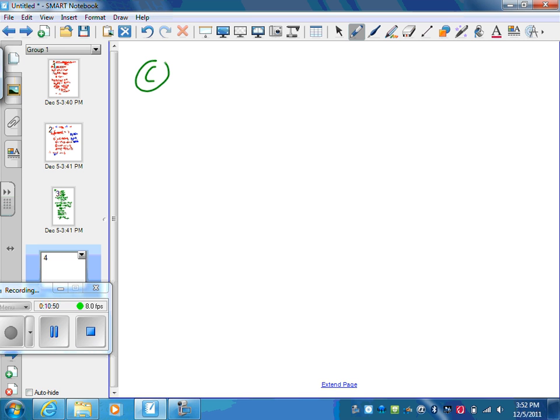C is when we have no common base. And this is the true reason why we use logarithms even though we have calculators. This is why we teach logarithms. So for instance, if I told you to solve 2 to the x equals 10, we are going to take the log of both sides.